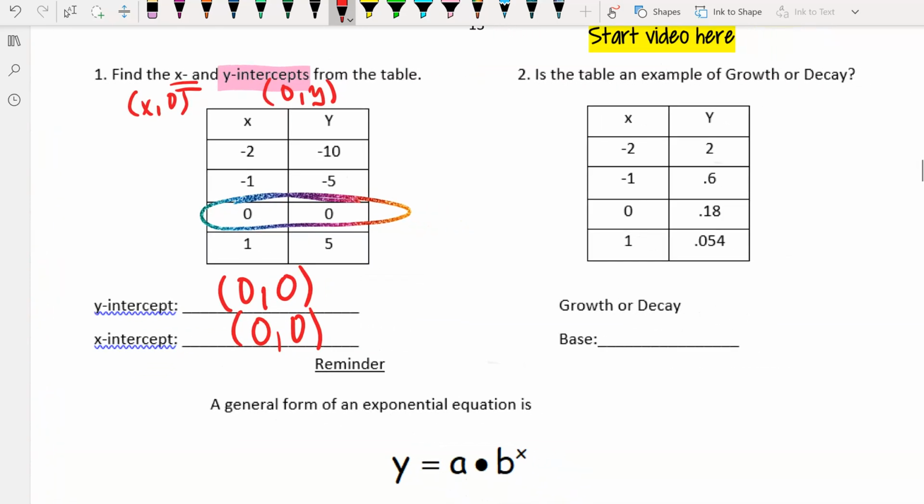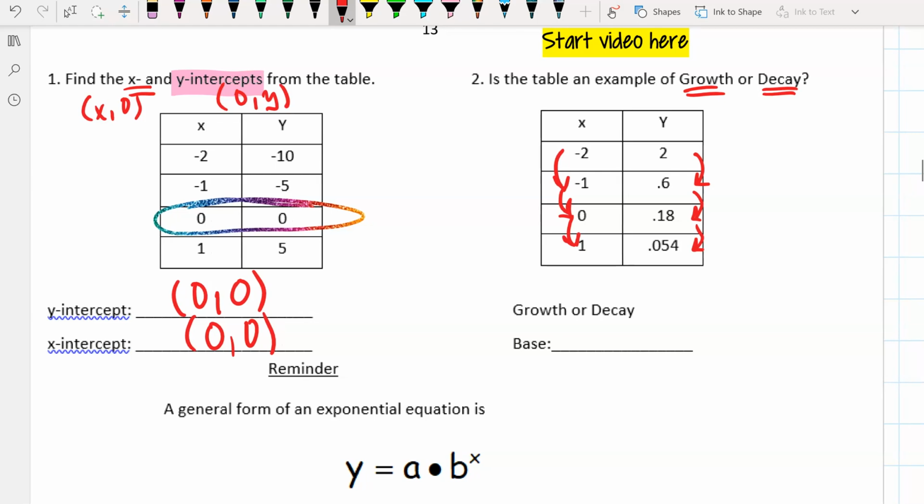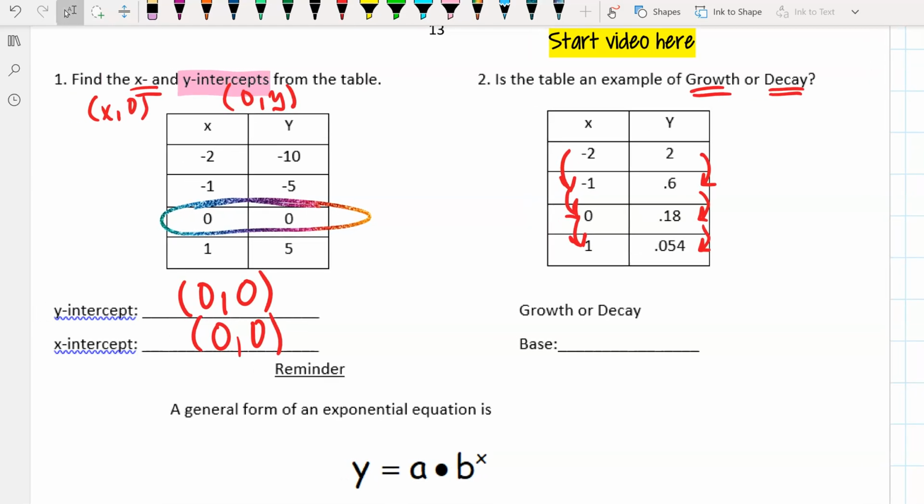So for 2, is the table an example of growth or decay? We did talk about how to do this, but I want to make sure that we're good. Looking at our y values, our x values are moving by 1 unit, but our y values are decreasing.